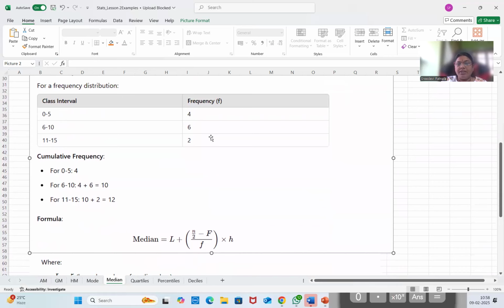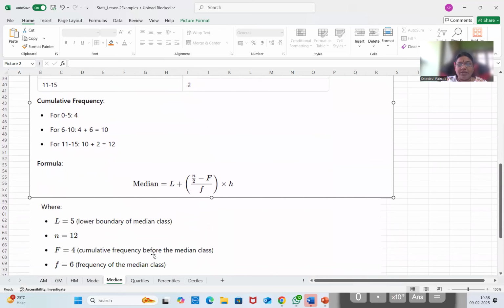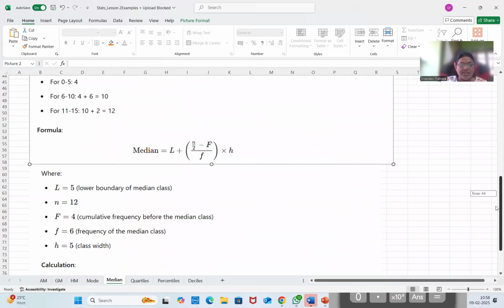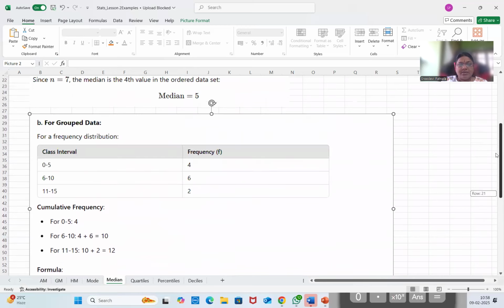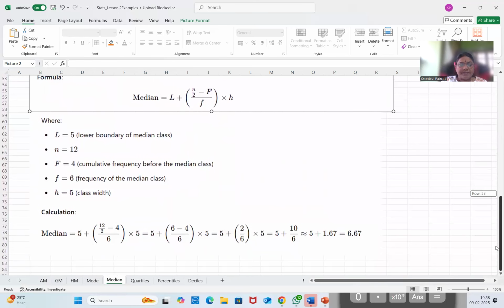You need to identify the highest frequency, and the line above becomes your cumulative frequency before the median class. And the frequency of the median class is equal to 6. Highest one is 6, so f is equal to 6.